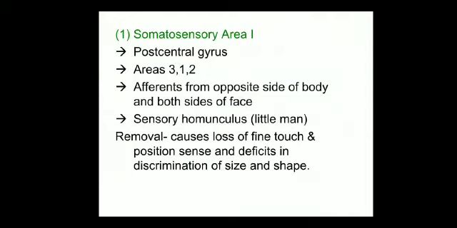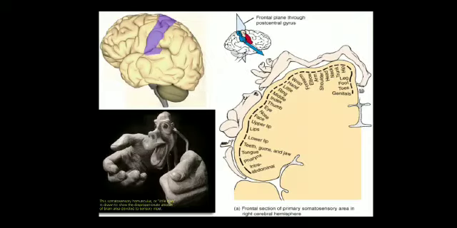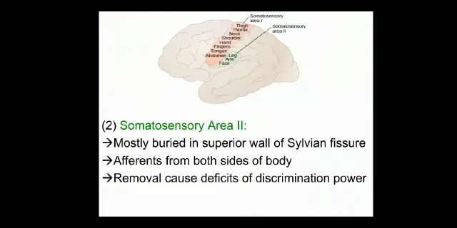It is present in the postcentral gyrus, and how the body parts are differently represented is called the sensory homunculus. And what will happen if there is removal? There will be loss of sensations on the opposite side of the body. This diagram was also explained in the last class. This is somatosensory area 2, which I also explained in the last class.